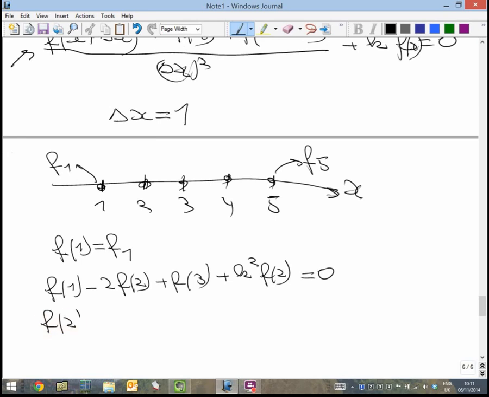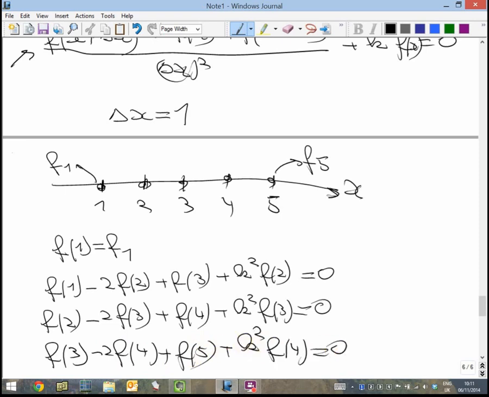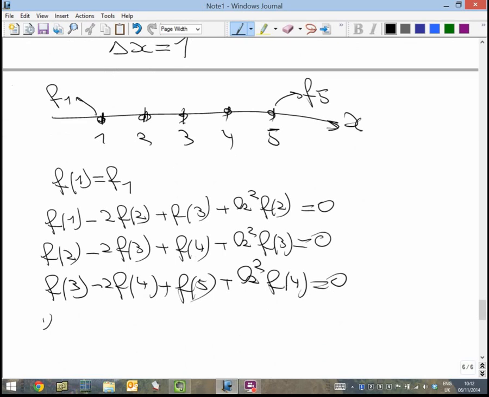Let's continue. f2 minus 2 f3 plus f4 plus k squared f3 is equal to 0. And now you see why I only pick 3 interior points, such that we finish rather quickly. The third equation is the following. And then we have its little brother at the end, where we impose that the function at the point 5 gives you f5.